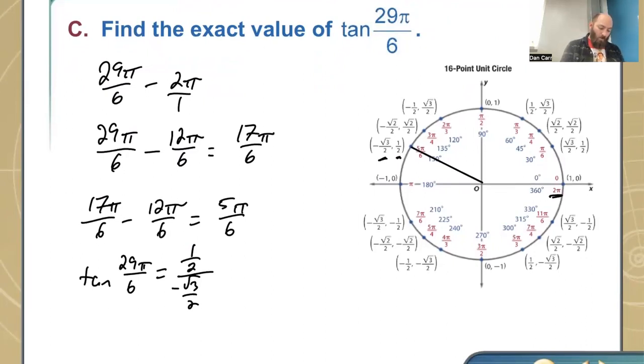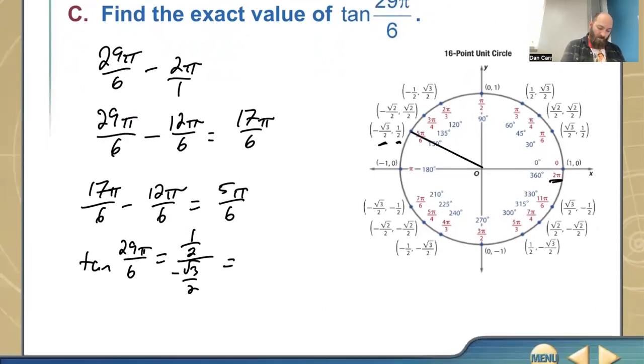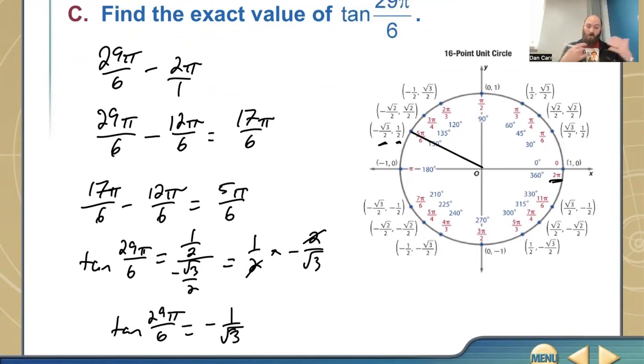In this case, that is the same as 1/2 multiplied by a negative 2 over root 3. You can cancel those out. We're going to have a negative overall. So the tangent of 29 pi over 6 equals negative 1 over the square root of 3, which when I rationalize comes out to a negative root 3 over 3.